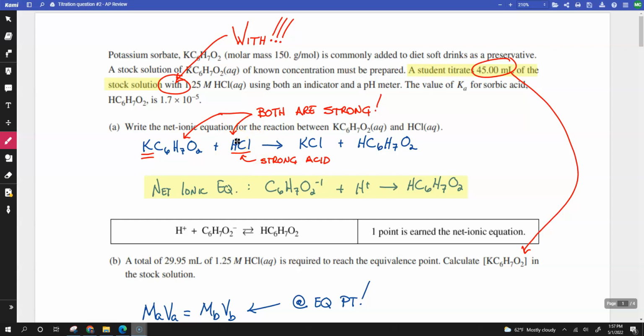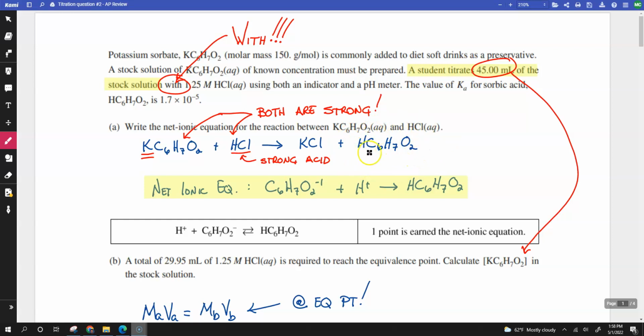Remember, it's hydrochloric, hydrobromic, hydroiodic, nitric acid, sulfuric acid, and chloric or perchloric acid that are the strong acids. So make sure you remember your strong acids. They dissociate completely. Now, this is a double replacement reaction, so I did write the products here. But we have the formation of a weak acid.